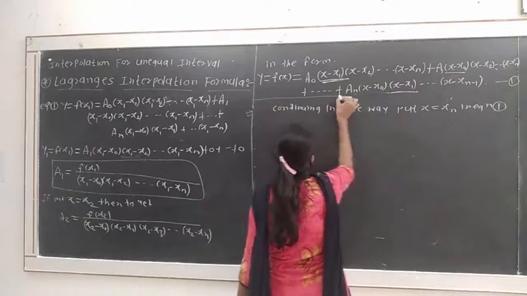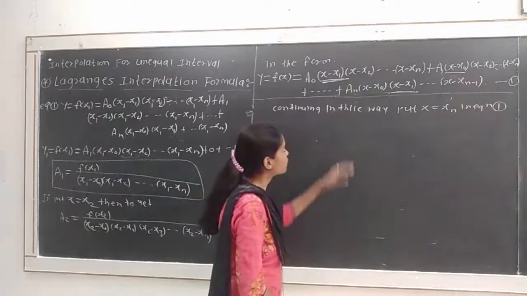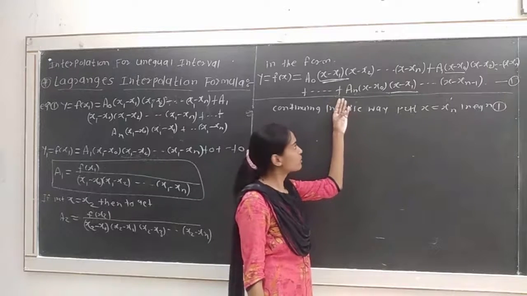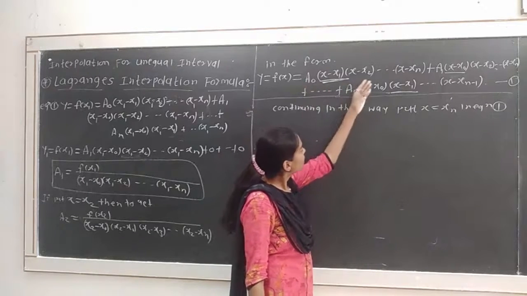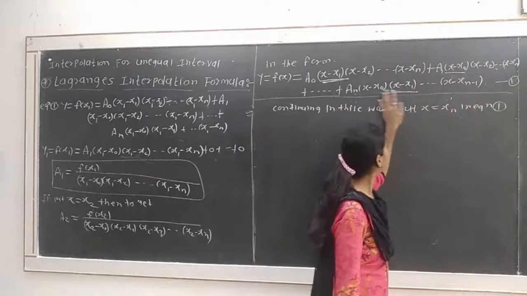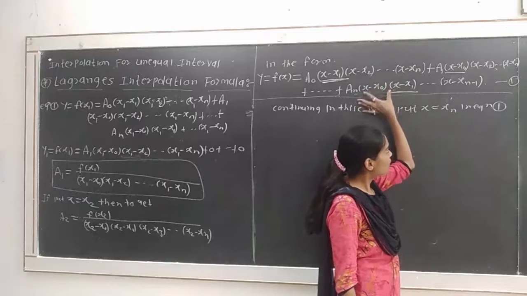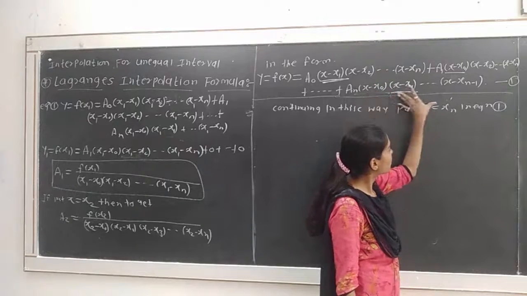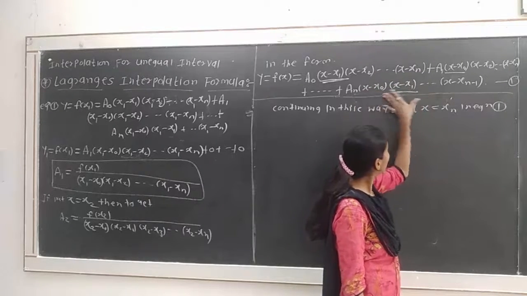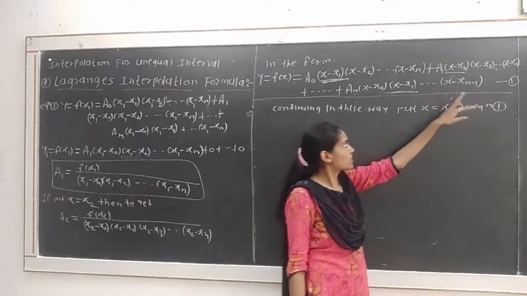If we put x is equal to xn in equation number 1, observe again, all the terms contain the factor x minus xn, up to the nth terms. So all these terms become 0, and the remaining term is only the last term, because this term does not contain the factor x minus xn.